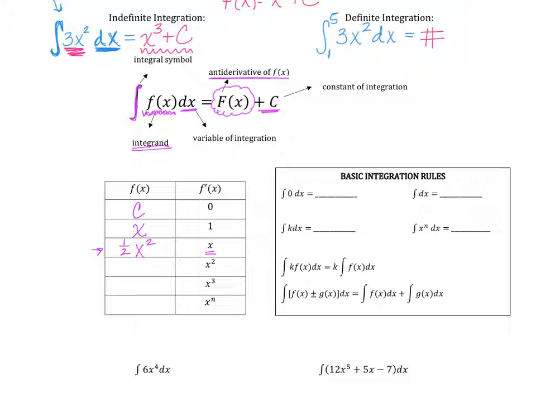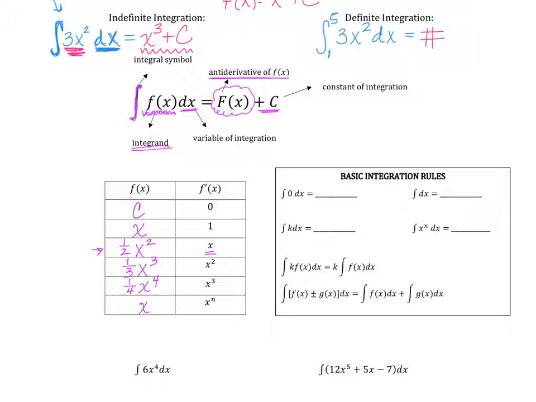So let's try the next one. What would give you a derivative of x squared? Well, you know it has to be x cubed, but there again, if you think about doing the derivative of x cubed, you'd have a 3x squared. So to get rid of that 3, you'd have to have a 1/3, and I think you're seeing the pattern. The next one would have to be 1/4. So what is the power rule for integration?